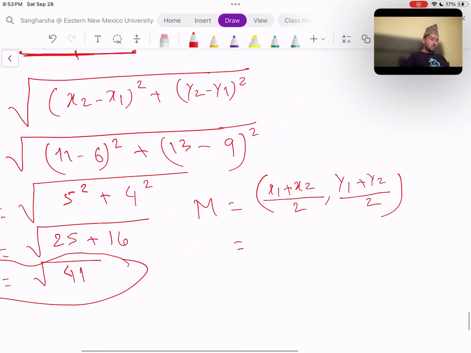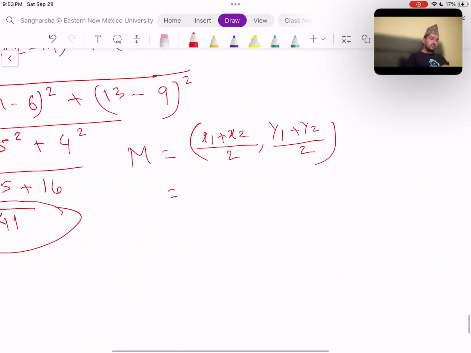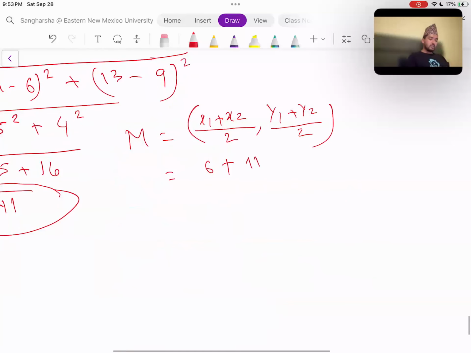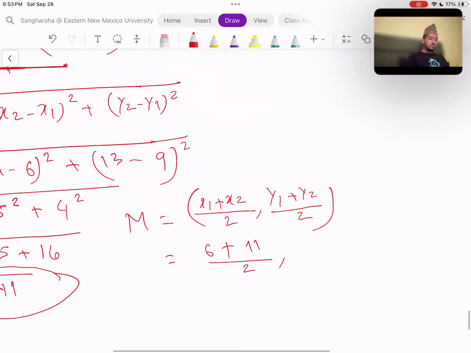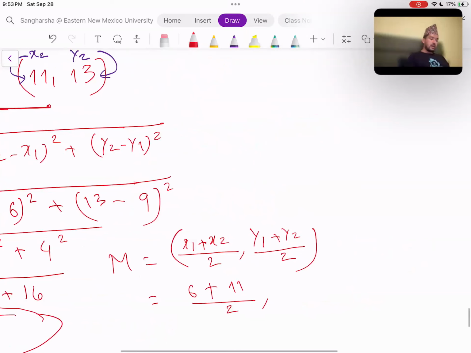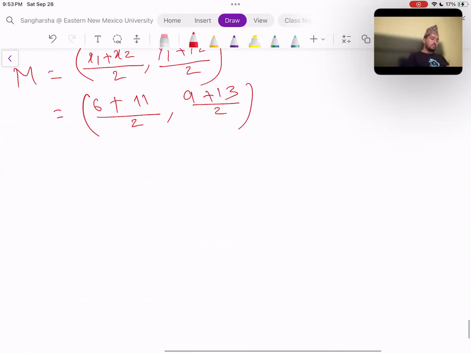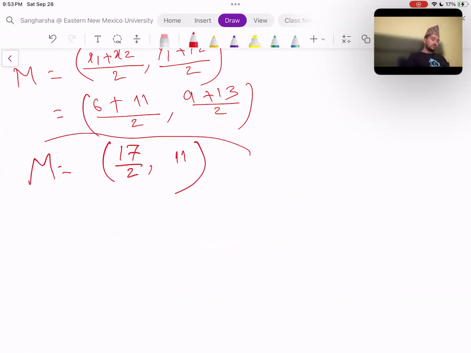Your x1 is 6 plus x2 is 11 divided by 2, y1 is 9 and y2 is 13, 9 plus 13 divided by 2. Simplify. 6 plus 11, 17 divided by 2. 9 plus 13, that's 22. 22 divided by 2, that is 11. And this is the final answer for the midpoint, (17/2, 11).